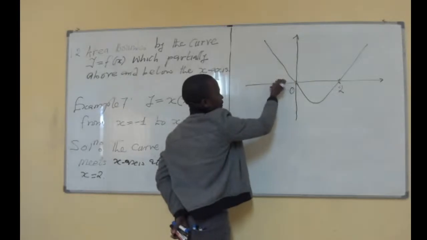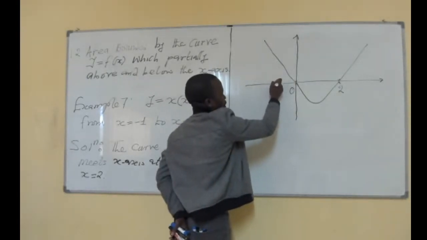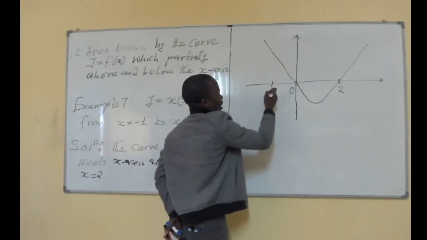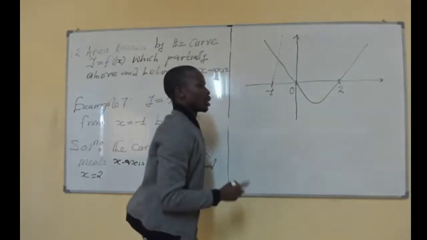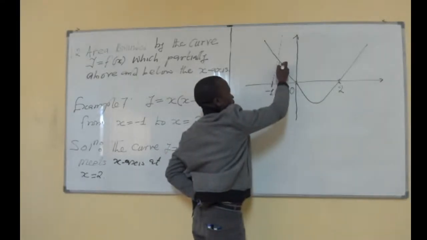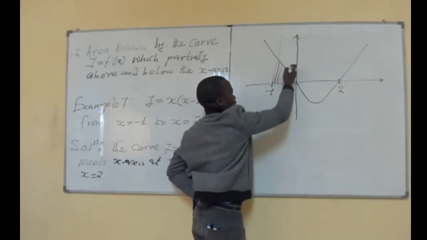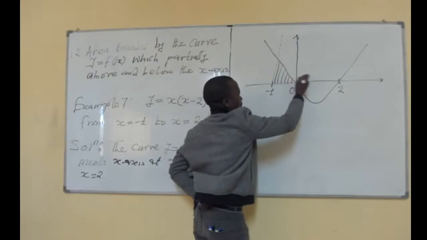So if we have our point here, which is the -1, and we extend this line, the region we are talking about is this shaded region.